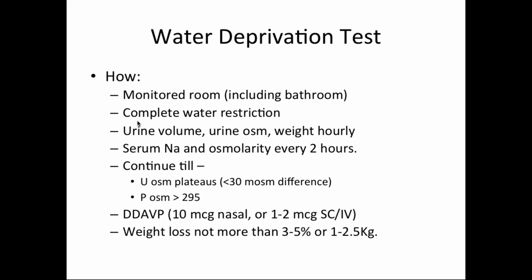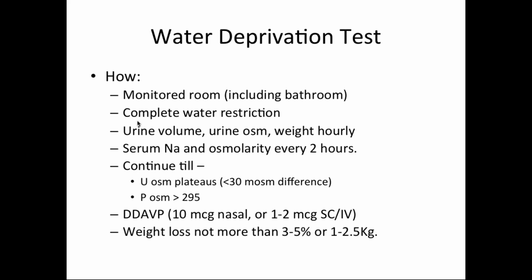And you will have to have complete water restriction. Then you monitor their urine volume as well as urine osmolarity and weight every hour. You're going to have to ask the person to empty their bladder every hour, because you don't want them to retain urine in their bladder, as the retained urine will affect the osmolarity that you're measuring.